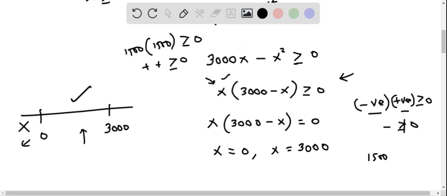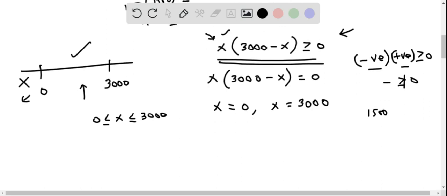So it is satisfied in this interval. That is, this inequality is true for any values between 0 and 3000. So clearly x is greater than or equal to 0 and less than or equal to 3000. Otherwise, we can write this in interval notation as [0, 3000], and this is the domain of R.